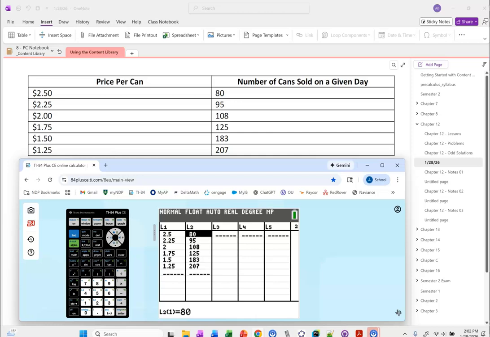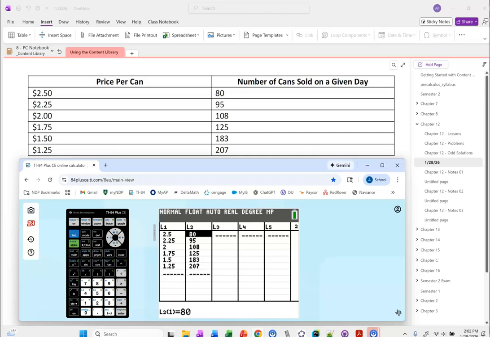Does it matter which one goes on the y-axis? Is it always going to be the same one? No, so you want to think about the situation, like which is the cause and which is the effect, right?